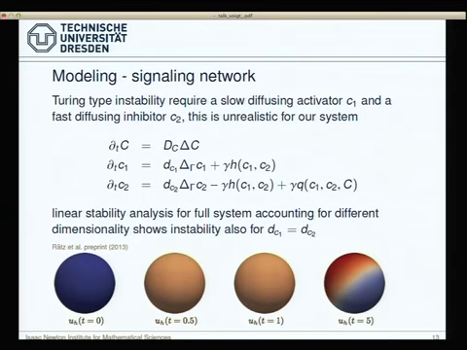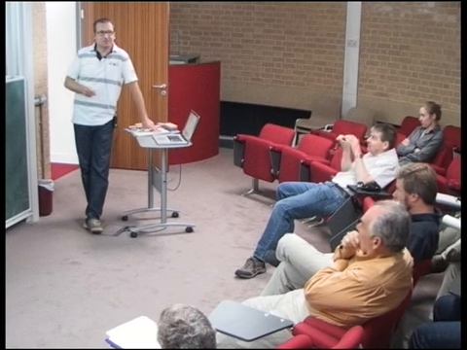However, there is no reason why these membrane-bound GTPases should diffuse differently, and all the measurements show that they at least diffuse within the same order of magnitude. So this is quite unbiological to give us an instability.